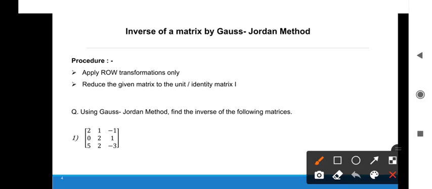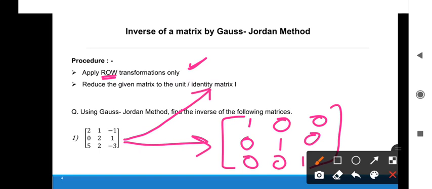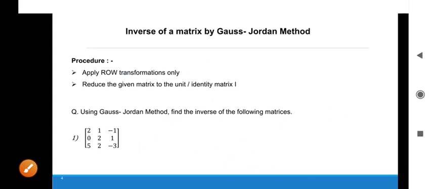Remember, you are going to apply only the row transformations and you are going to reduce this matrix to the identity matrix I of order 3, that is the matrix containing the elements 1 0 0, 0 1 0 and 0 0 1. So let us see the solution, the steps in detail.